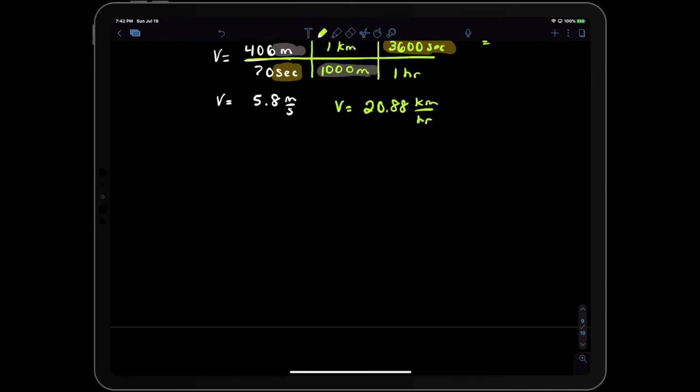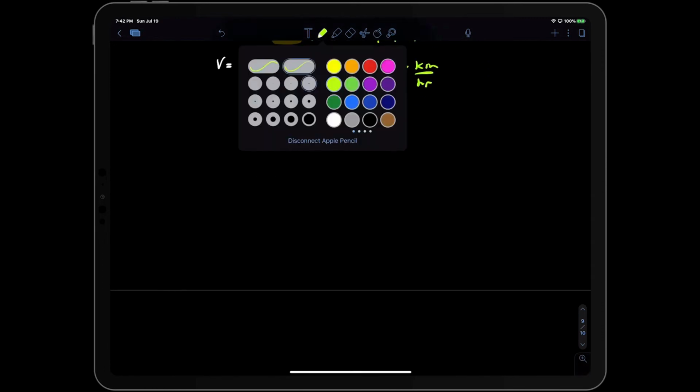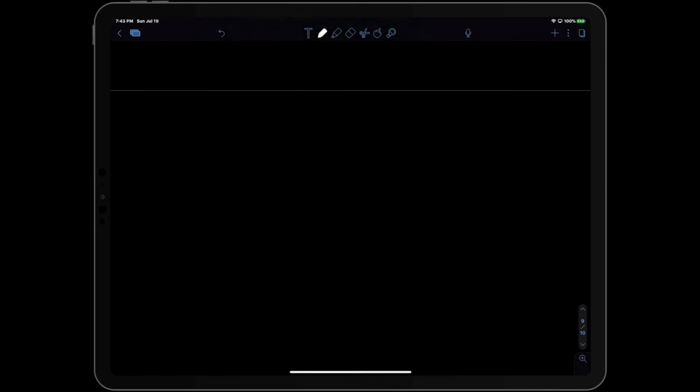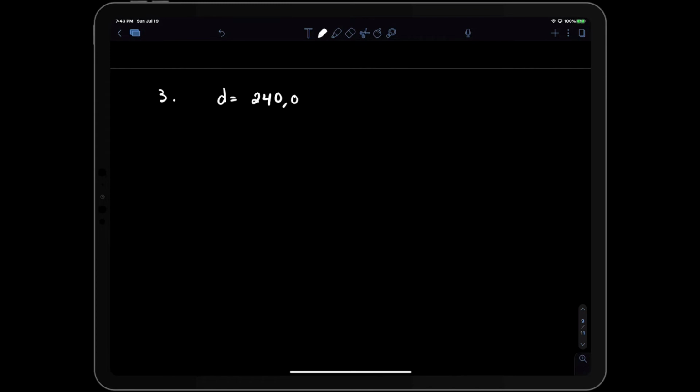Question number 3 says a rocket is launched into outer space and it has a distance of 240,000 kilometers. So distance, 240,000 kilometers.